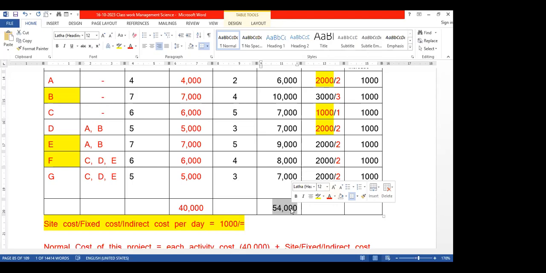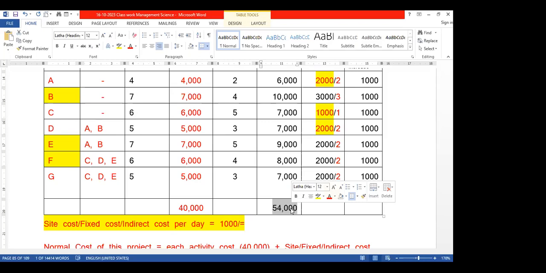What is the extra cost for this crashing of the project? 14,000, sir. 14,000. 54,000 minus 40,000. That is 14,000 extra.